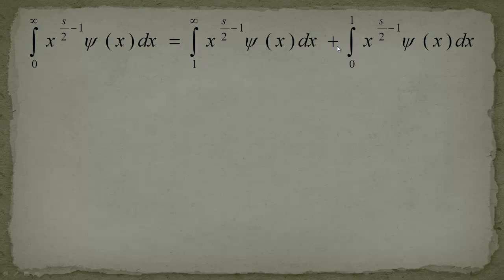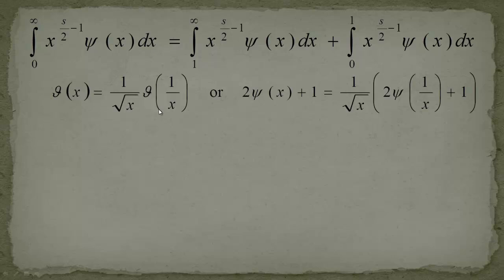But why am I doing this? Because of this expression. I don't like it, and you should not like it also. So let's have a look at this expression and use what we know from the theta function. What we know from the theta function is that theta of x is equal to 1 over square root of x times theta of 1 over x.